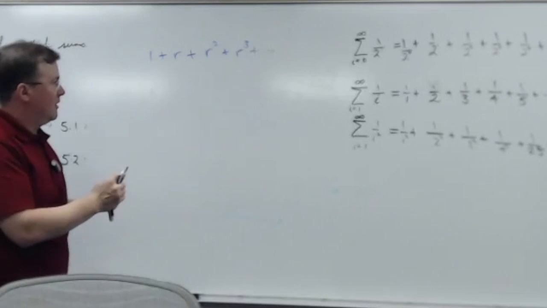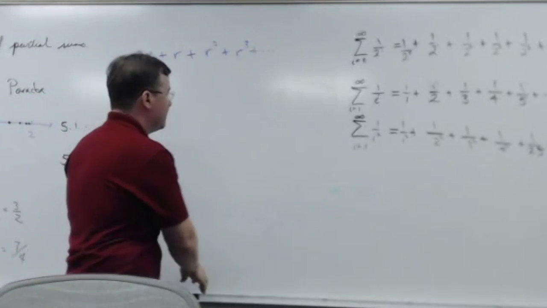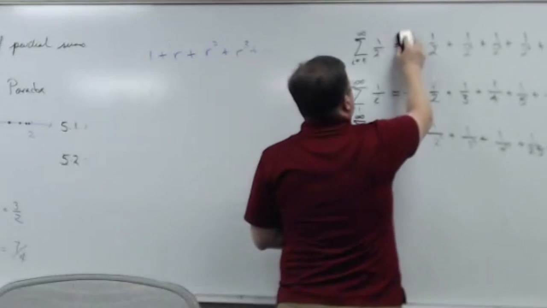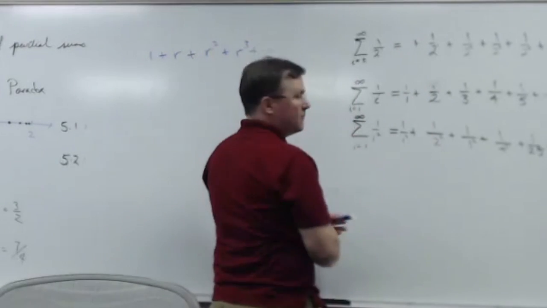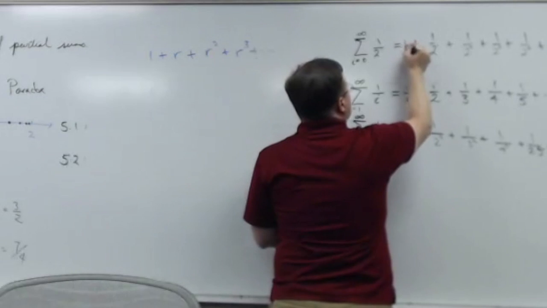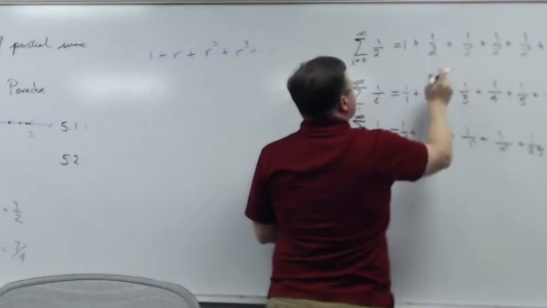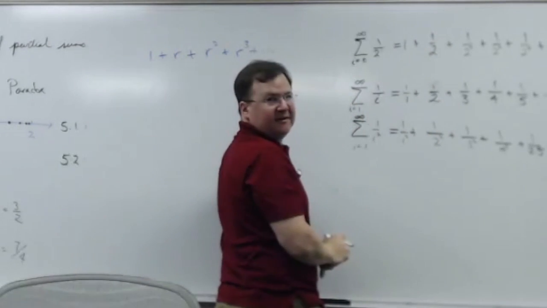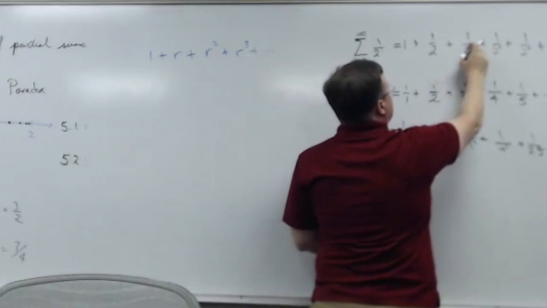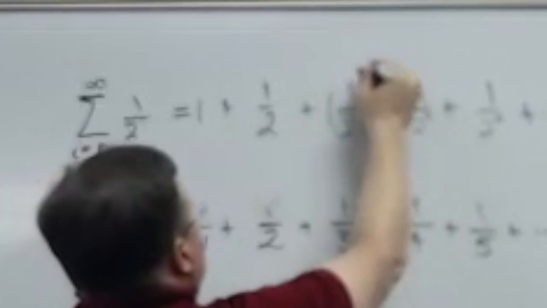It'll become a little more clear if I write it like this. R equals 1/2. This is 1. This is 1 times 1/2. And 1/4, you could think of that as 1/2 times 1/2, right?